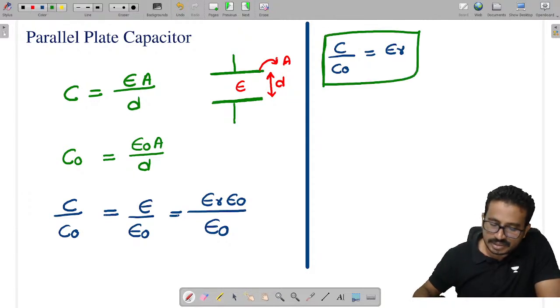What is epsilon R? Epsilon R is called the relative permittivity.